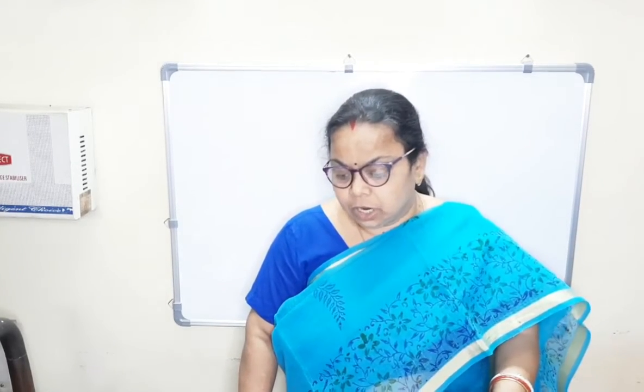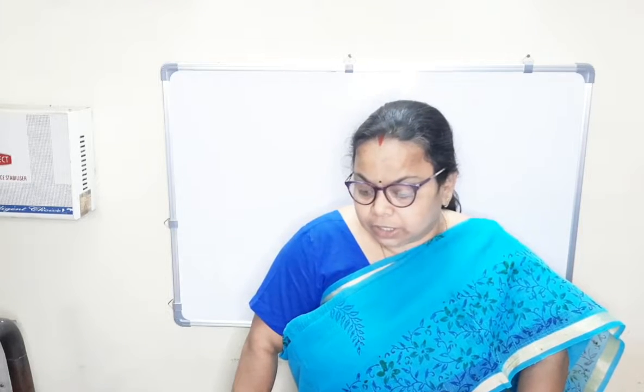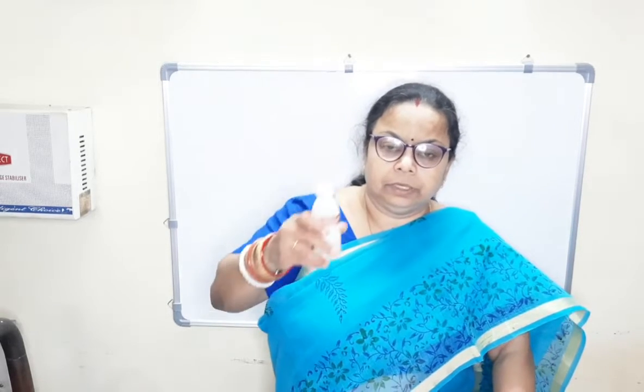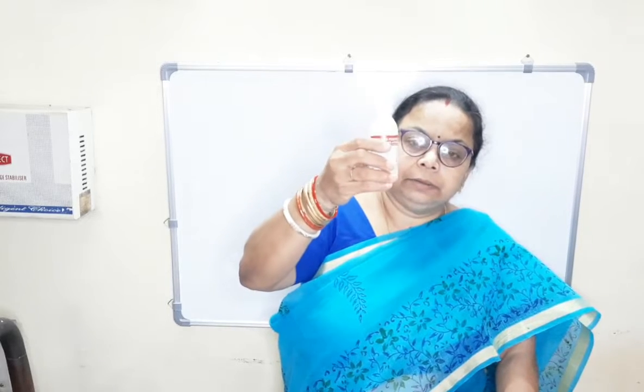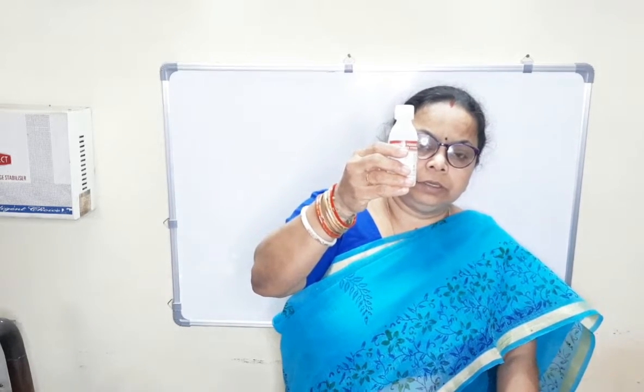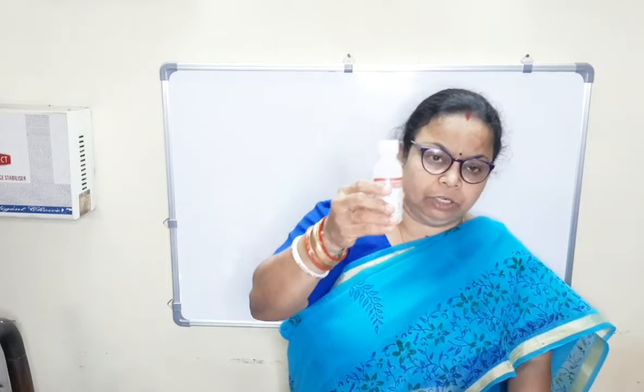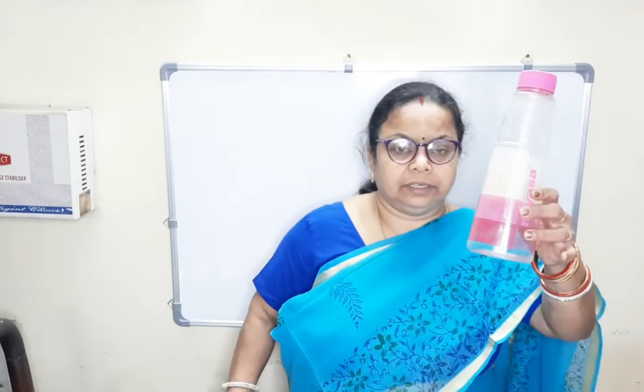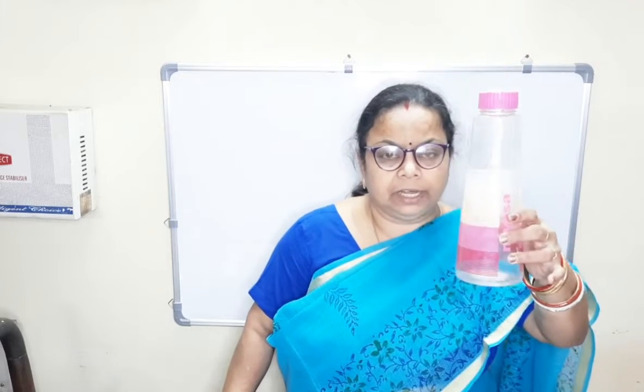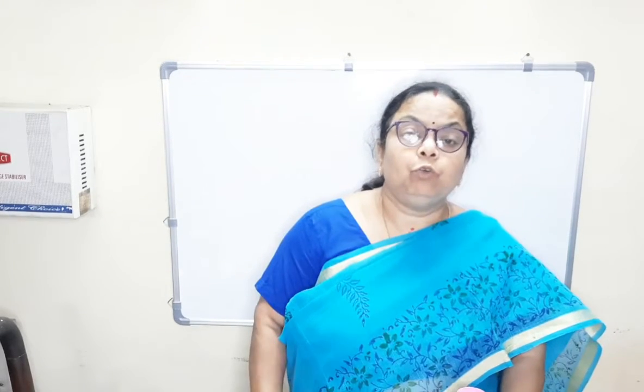So 10 small bottles of 100 milliliter is equal to 1 liter. So 1 liter is equal to 1000 milliliter, children.